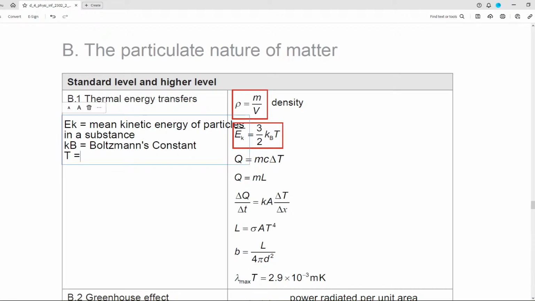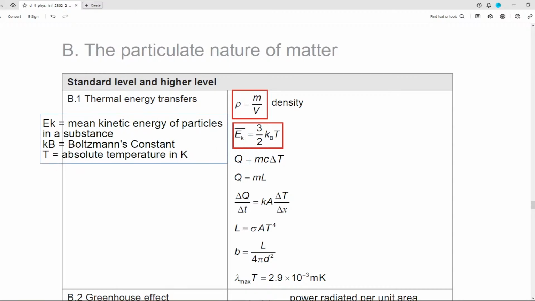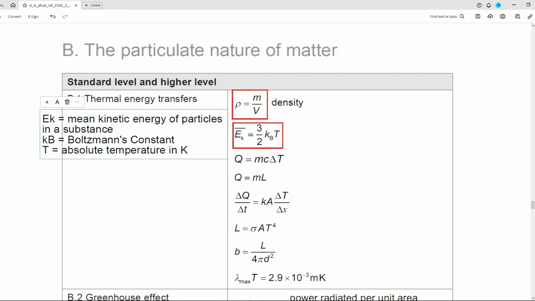And T is temperature in Kelvin. Now, this Kelvin here is absolute temperature, so maybe we should say that: absolute temperature measured in Kelvin. That's very important because you need to know how to convert from degrees Celsius to Kelvin using the conversion factors in the front. So that is the second formula here.